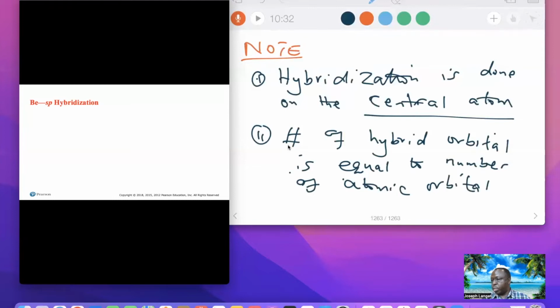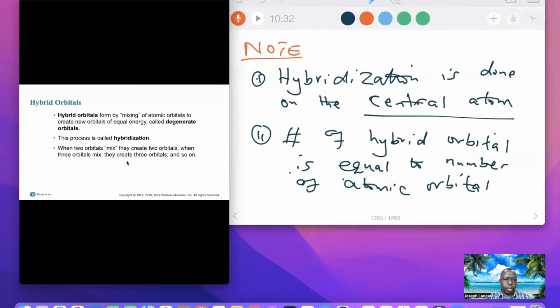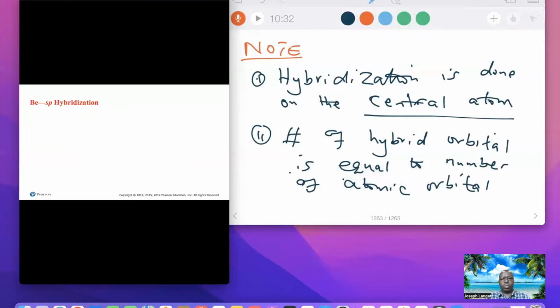So in other words, if you have two atomic orbitals, you'll end up with two hybrid orbitals. If you have three atomic orbitals, you'll end up with three, and so on. This is what you need to understand as far as hybridization. We only do hybridization on the central atom.